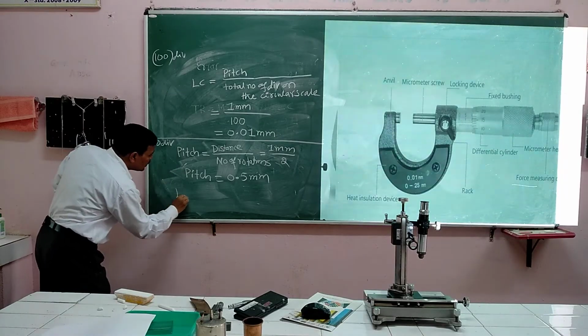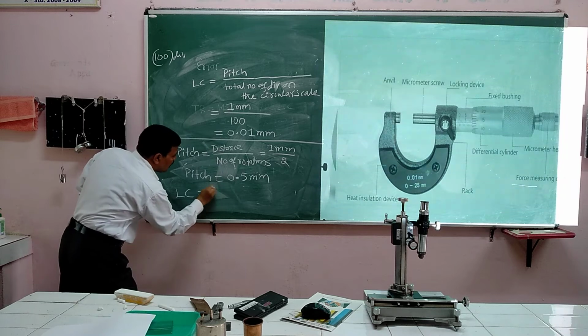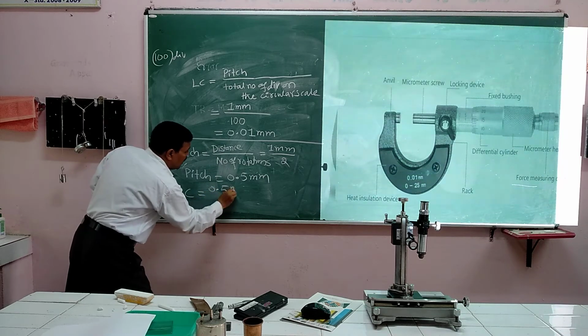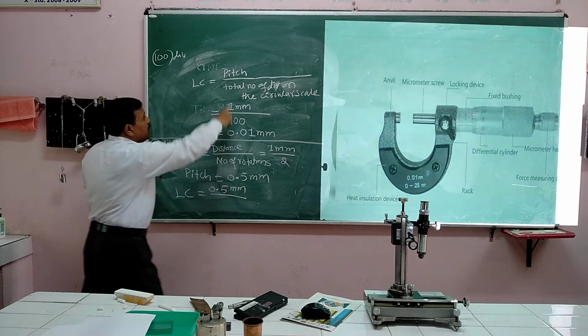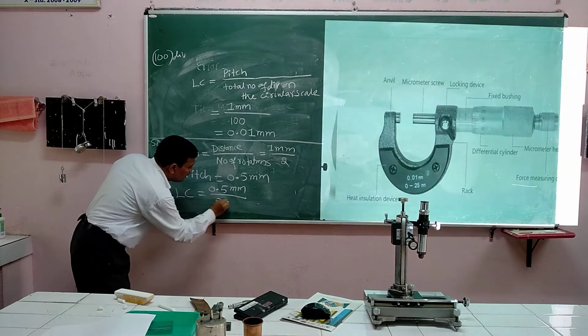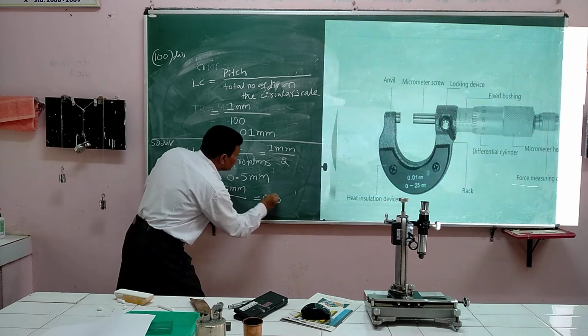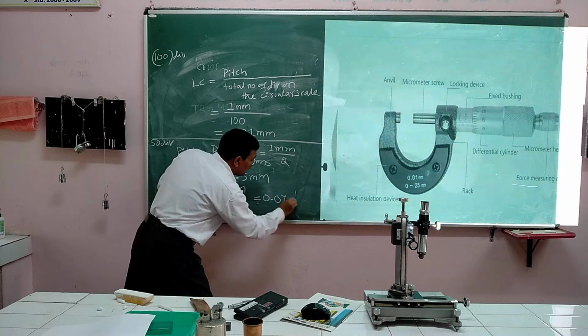And least count is equal to pitch divided by the total number of divisions on the circular scale, 50. This is equal to 0.01 mm.